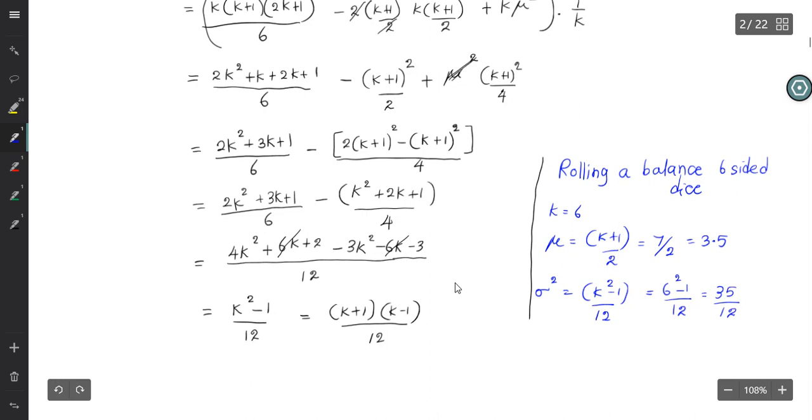So that is the variance. If you need the standard deviation, this will be the square root of 35 over 12.